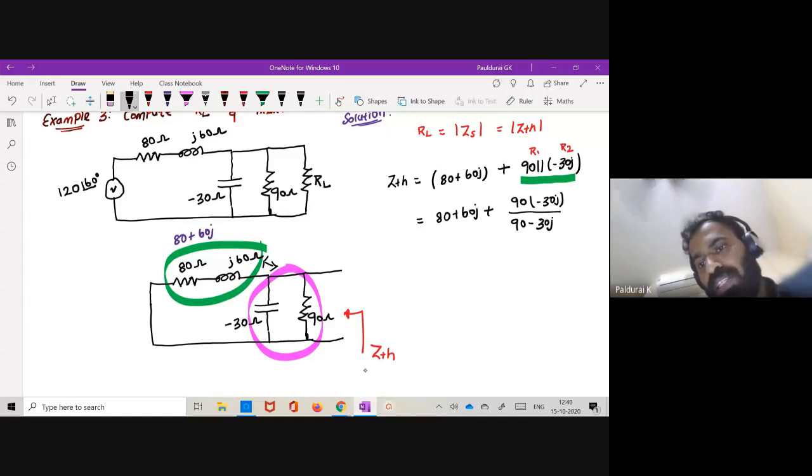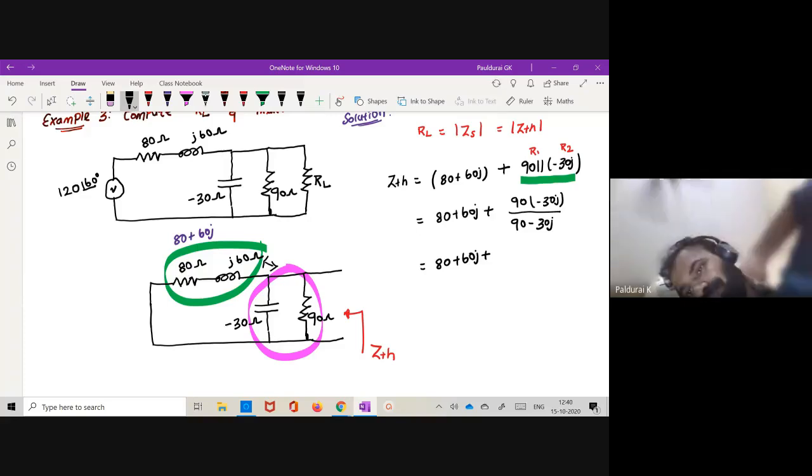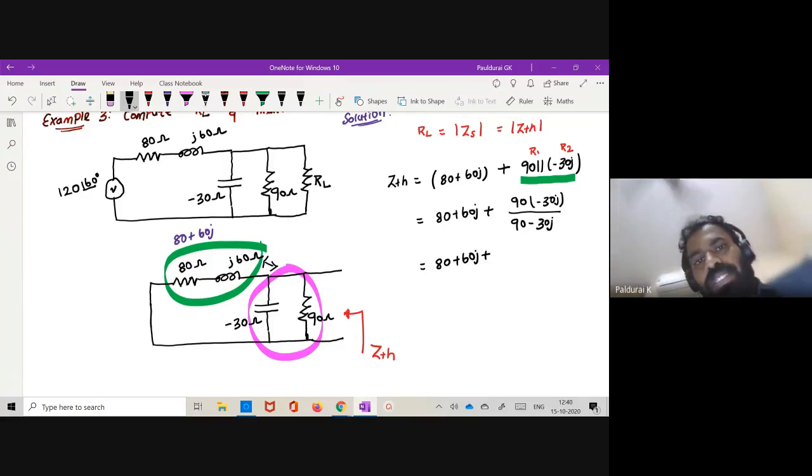Let me know the answer in rectangular form, since here I am having rectangular, I want that answer also in rectangular.